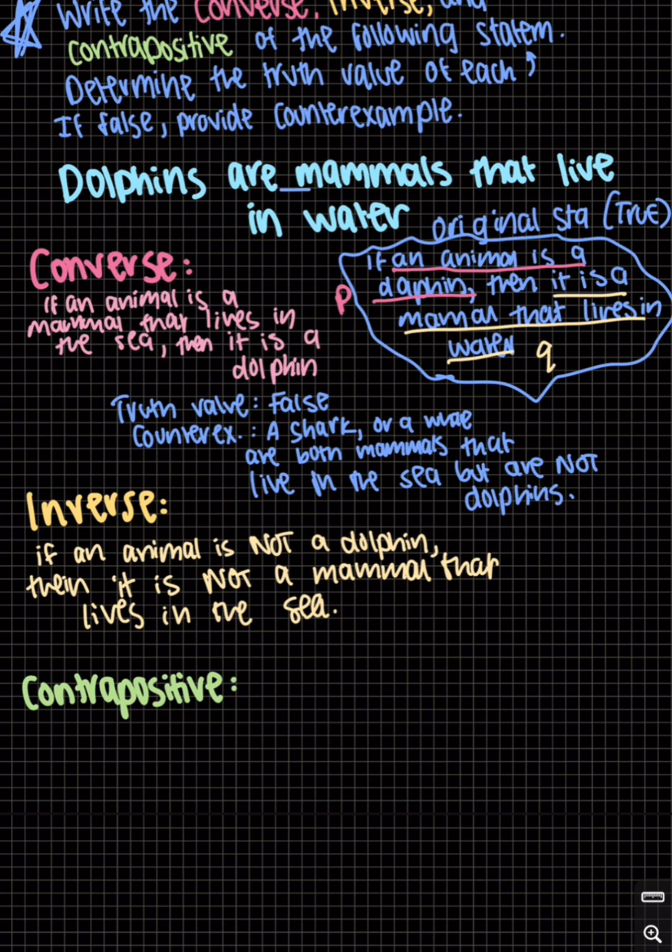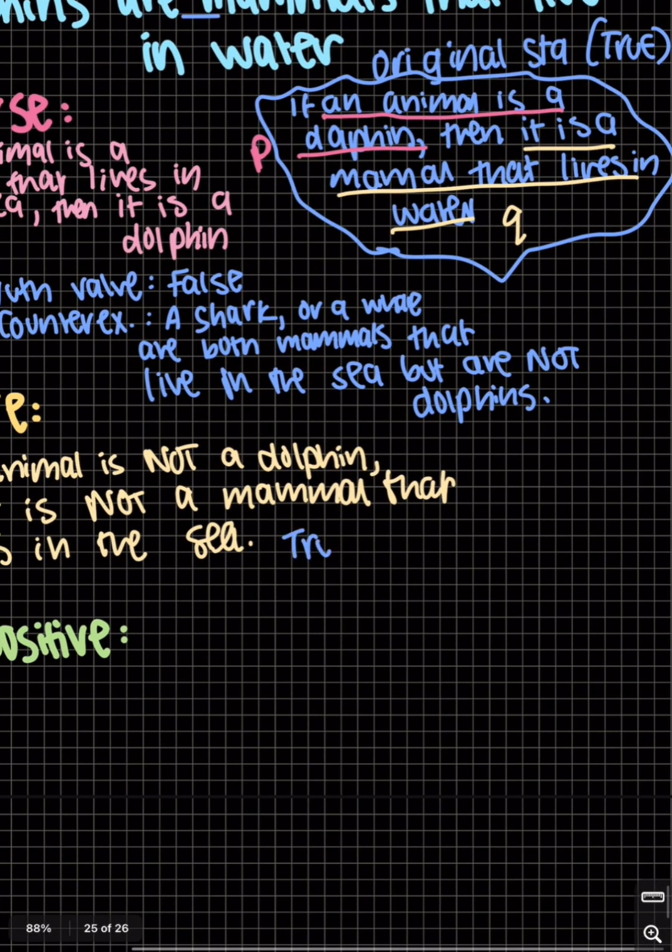Now we need to determine the truth value of this. Is this true? Okay, let's think about it. I have an animal, and it's not a dolphin. Then it is not a mammal that lives in the sea. No, that's false. Another animal, like a shark, is not a dolphin, right? That satisfies this, but it is a mammal that lives in the water. So that means I've successfully found a counterexample, meaning that this truth value is false.